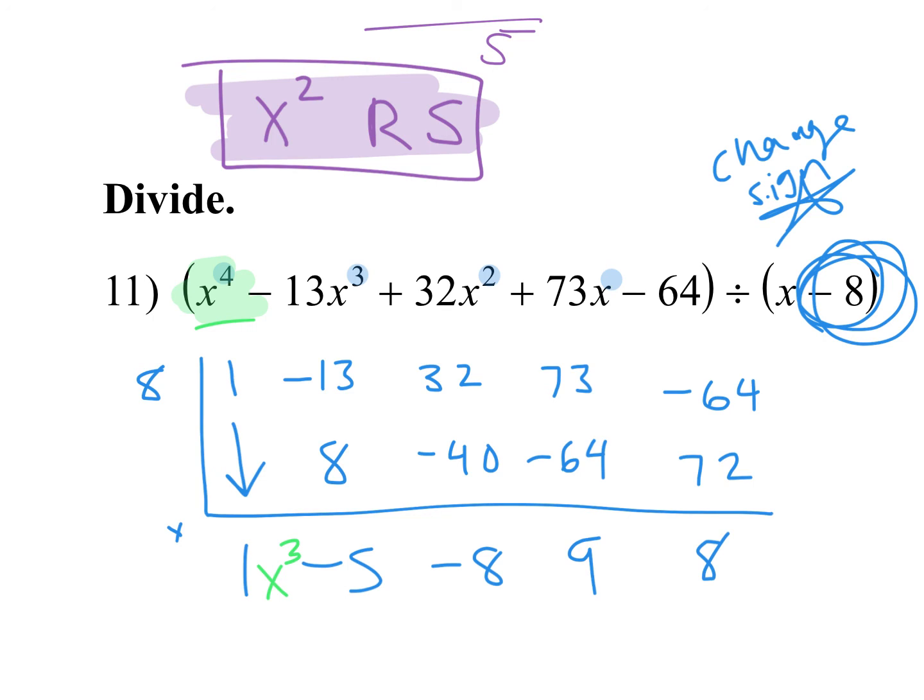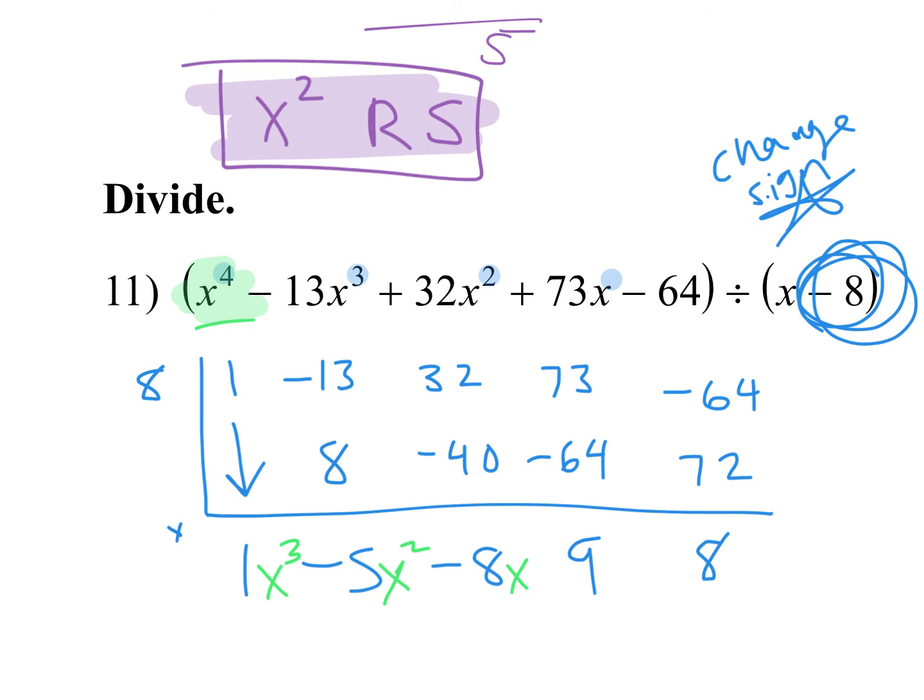And then what comes after x to the 3rd power? Would it be x squared? X squared. And then what comes next? Just x. Just x. And then last would be nothing.